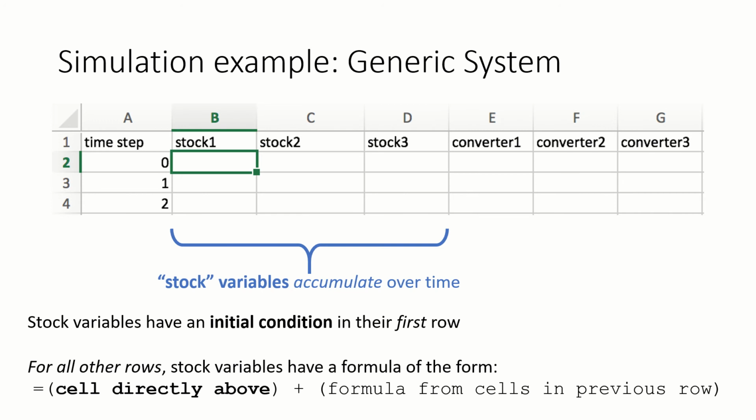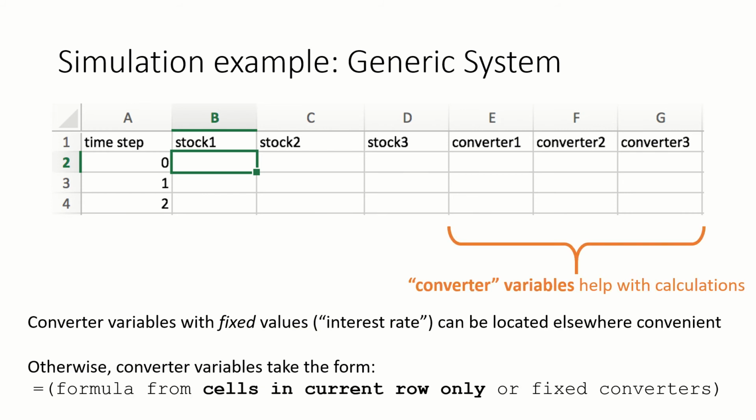So the formula for the next stock is always going to look like the previous stock plus some formula. Then I've got these converter variables, which are like my interest calculations. Converters aren't anything special. You might name them something to help you reason about what's going on, but they're just there to help you do the math. So bank balance is what I call a stock, and the interest I could call a converter. I think that's the language that a lot of these stock and flow texts use.